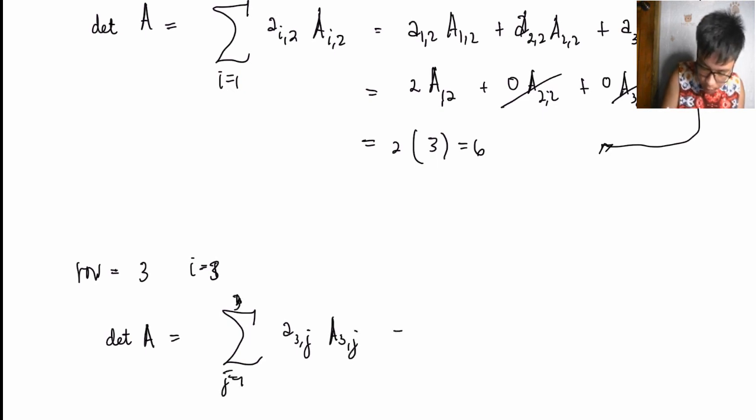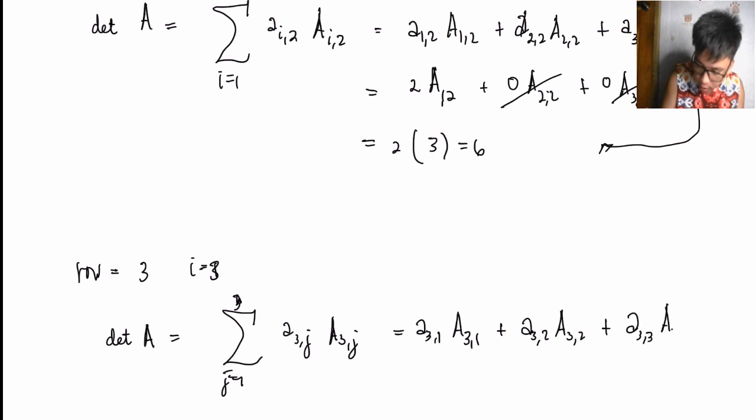So that's a31 C31 plus a32 C32 plus a33 C33.